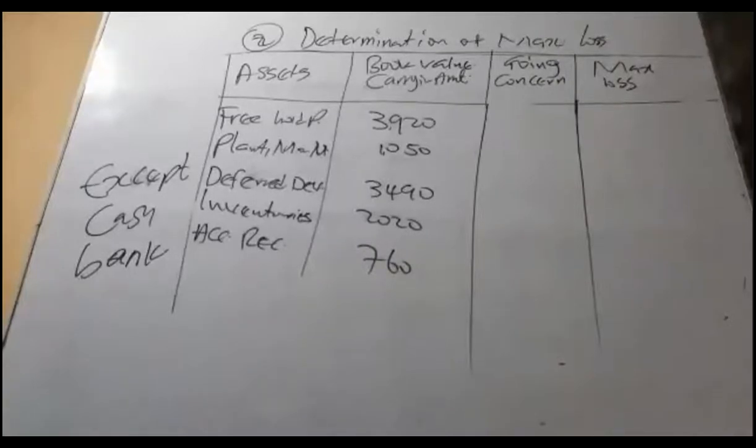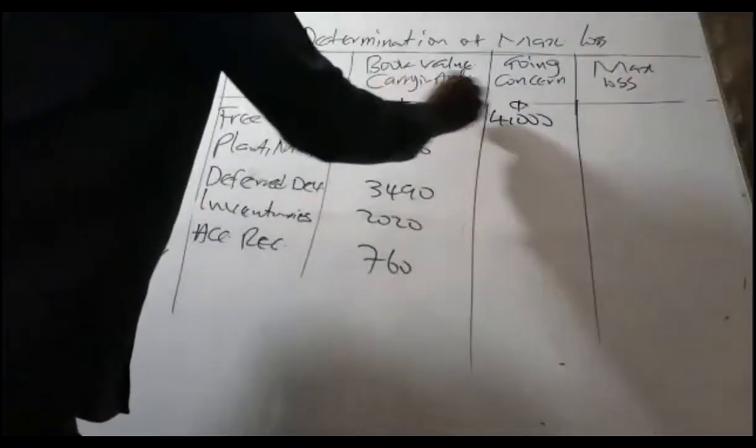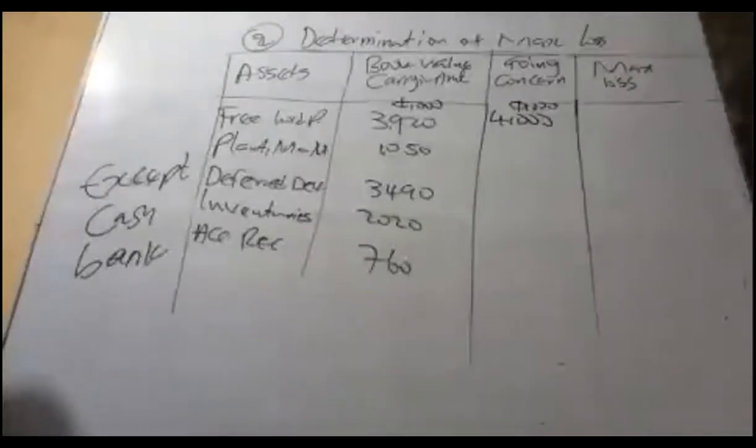Okay, so that's fine. Let's key that one in, and then we are done. So take notes. Property will be 4 million. There's no other value available, so that's why we are selecting the liquidated value as the going concern value.